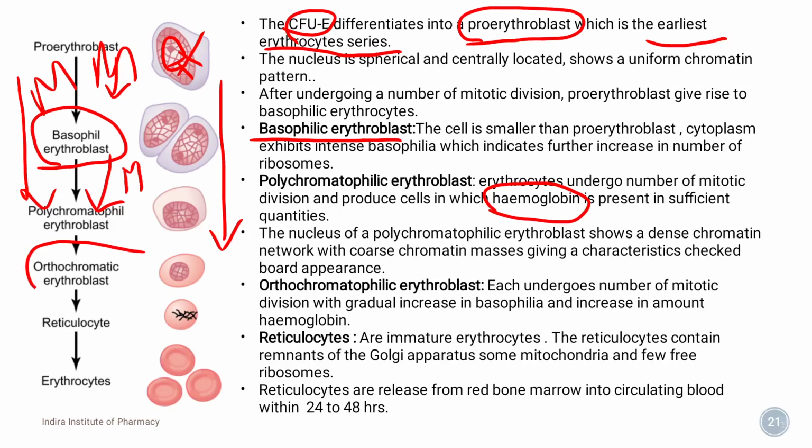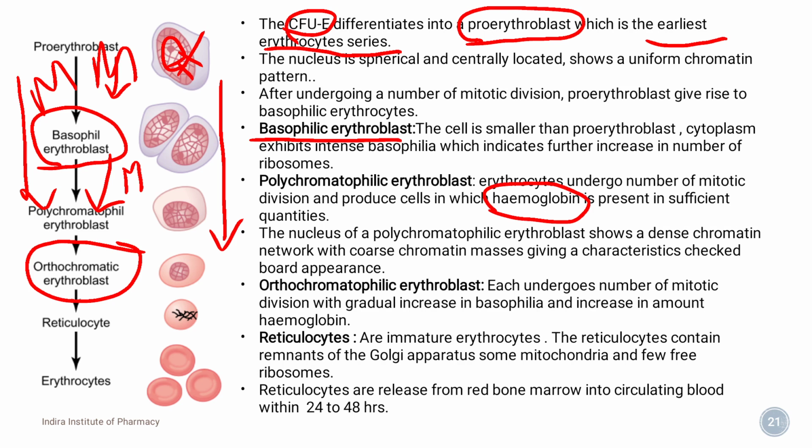Next is orthochromatic erythroblast. The orthochromatic erythroblast will undergo a number of mitotic divisions with gradual increase in basophilia and increase in the amount of hemoglobin. So hemoglobin content keeps increasing.